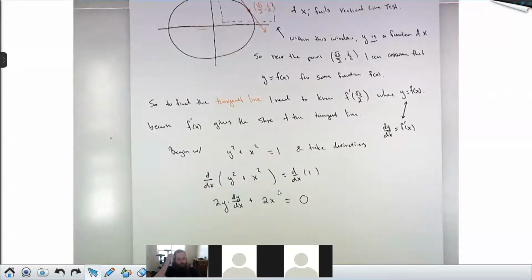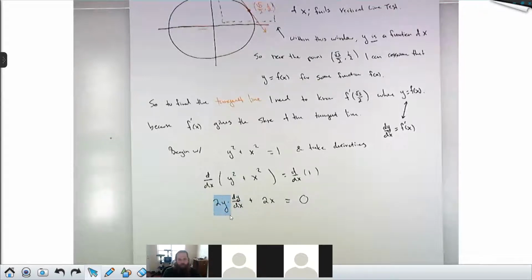The thing you need to learn operationally is that when you differentiate a piece that has a y in it, you differentiate like normal, but then you have to multiply by dy dx, or you can write y primed instead if you prefer. But that's the idea, and it's really just coming from the chain rule.